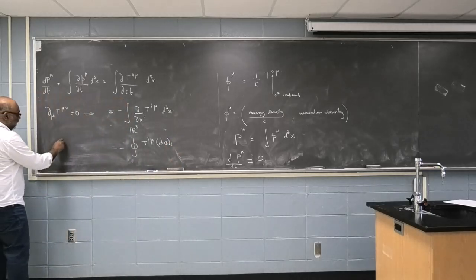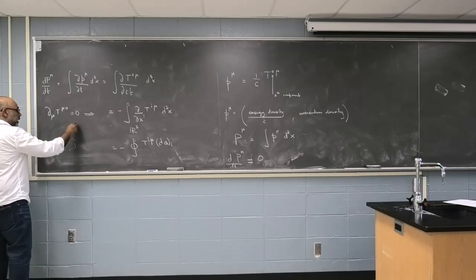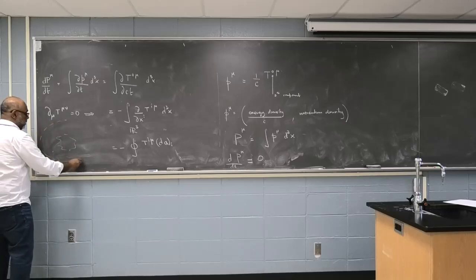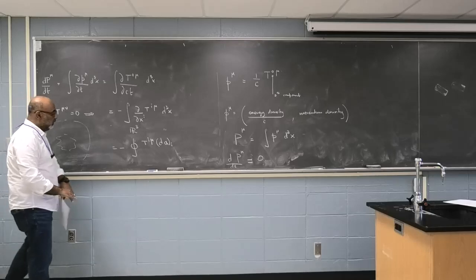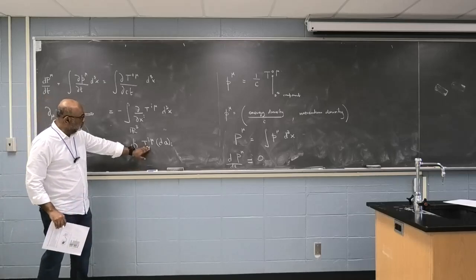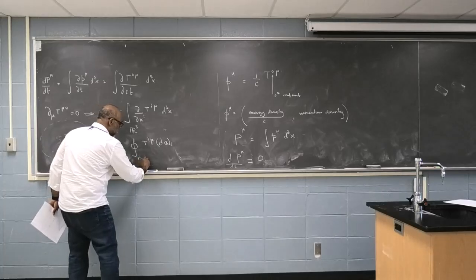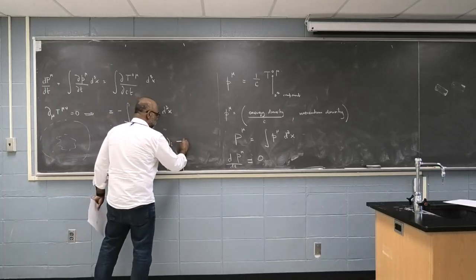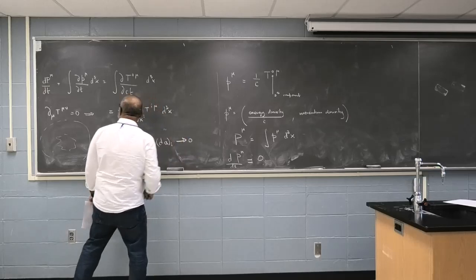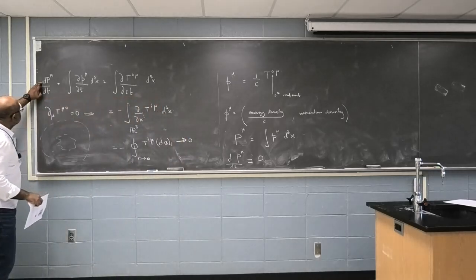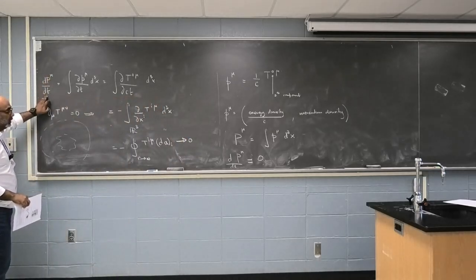And suppose I have fields over here and I go infinitely far away where there is no field, therefore there's no energy momentum tensor, and this, as r goes to infinity, will go to 0, and that's exactly dp^μ/dt.